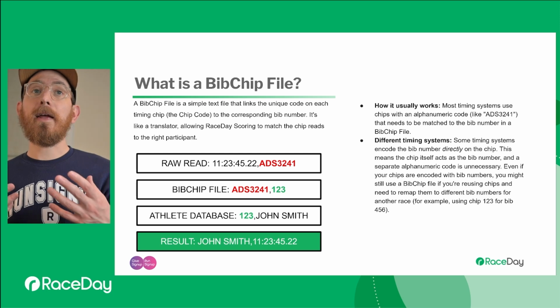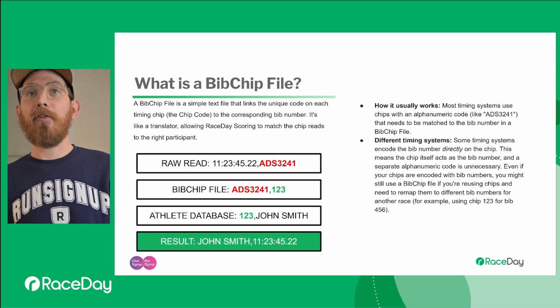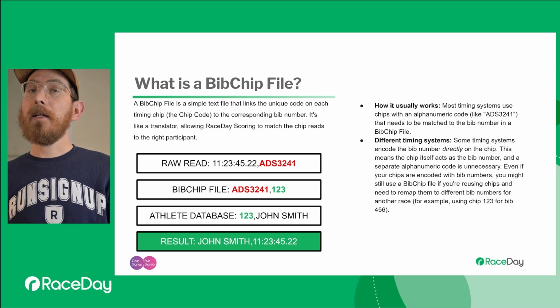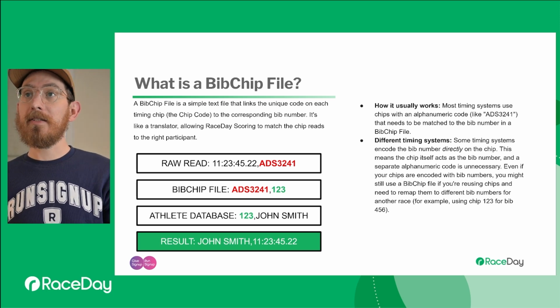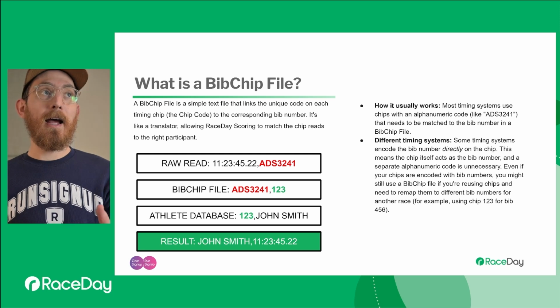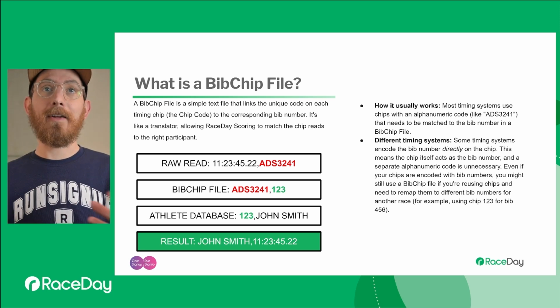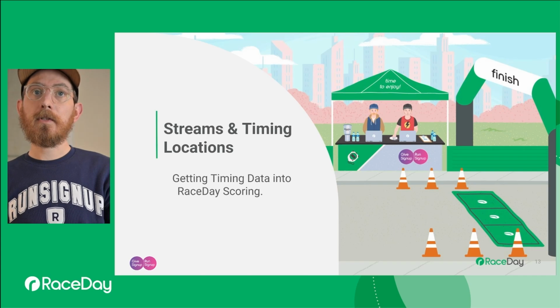So that's why if you're using a system that has an alphanumeric chip code, you need to set up a bib chip file. Now again, some don't need to do this. If you're using MyLapse or others, where the bib number is the chip number, you can kind of ignore this slide. Next, let's talk about streams and timing locations.